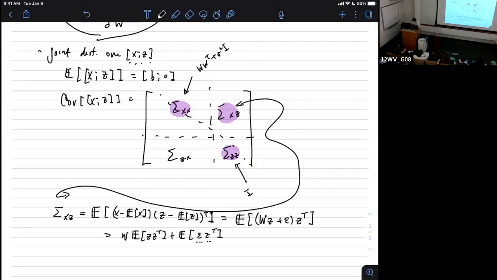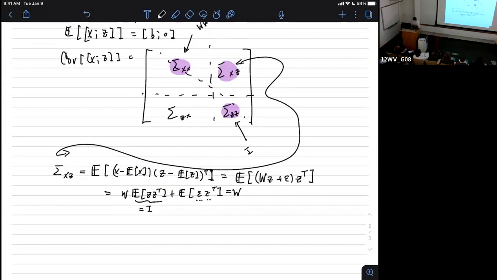Epsilon and z are independent of each other, so the expectation can be pushed into either term, and the epsilon term is 0. The z z transpose expectation is identity, so we end up with w. And because this covariance matrix is symmetric, the sigma of zx is just w transpose as well. So we can now get the joint distribution, again as a Gaussian, fully characterized using two parameters, mean and covariance.